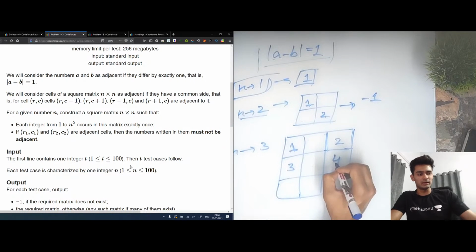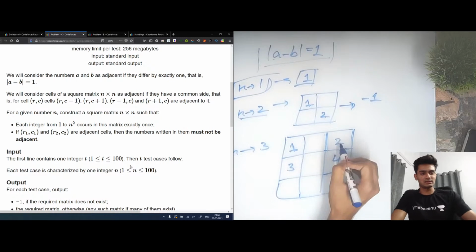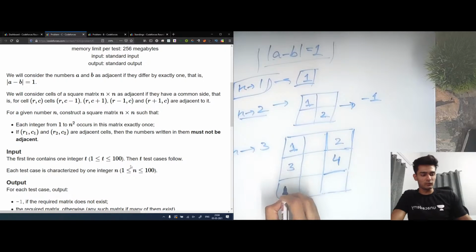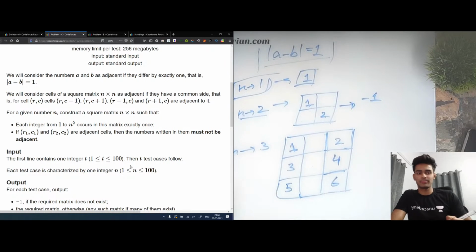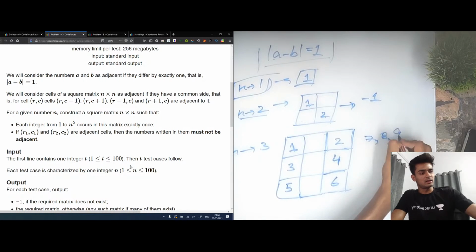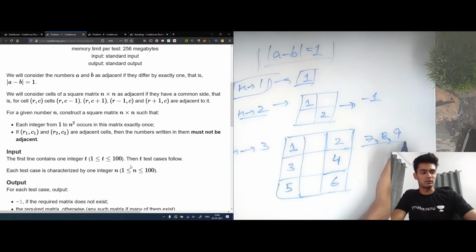If we try to put 4 here, we see that it is not adjacent to anything which has a value adjacent to it, so we can place 4 here. Now let's come on to 5. We can place 5 here, then 6 cannot be placed here, so we'll place 6 here. Now the remaining values are 7, 8 and 9. As you can see, if you place 7 anywhere, the next value will not be able to be placed.